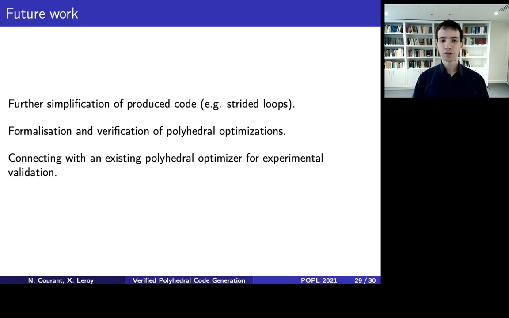But it also includes formalization and verification of the polyhedral optimizations part, that is the part before code generation, which is the second part in most polyhedral optimizers, and possibly connecting with an existing polyhedral optimizer for experimental validation and comparison with more mature polyhedral optimizers.